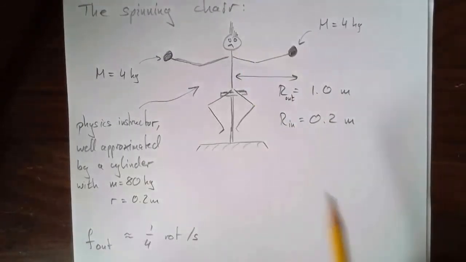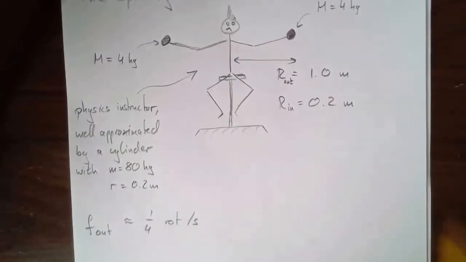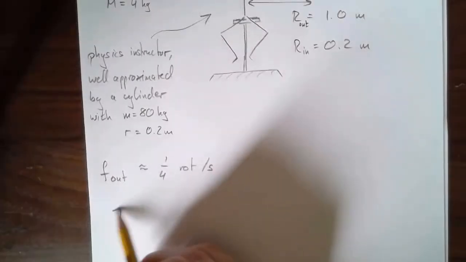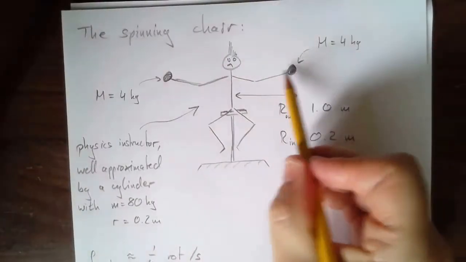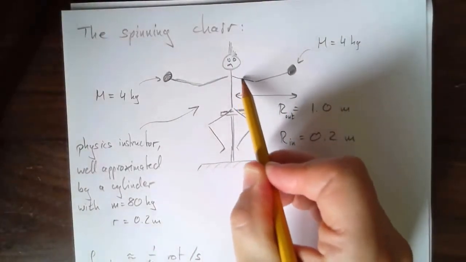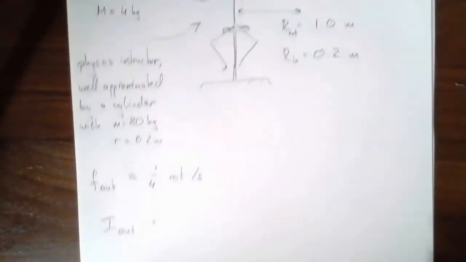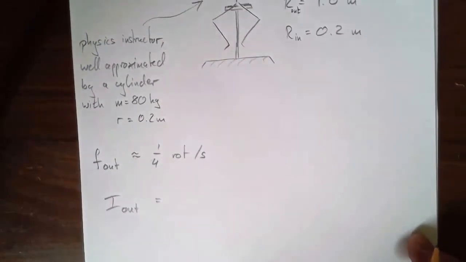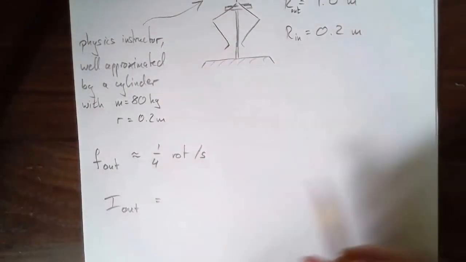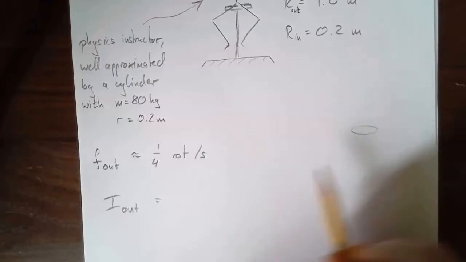So let's find my moment of inertia. We need it twice. Once when the arms are out, once when the arms are in and the weights are held right by my chest. So I out is going to be a cylinder, and a solid cylinder is kind of like a disc, right? This is a cylinder, this is a disc.